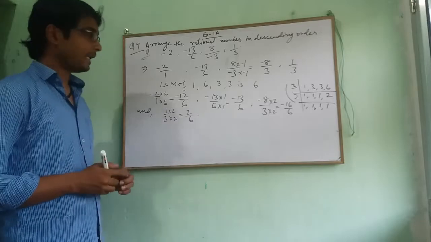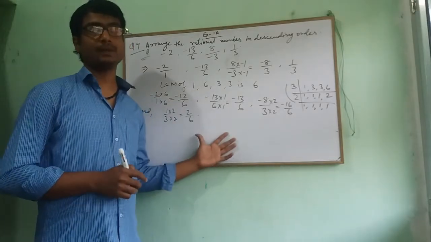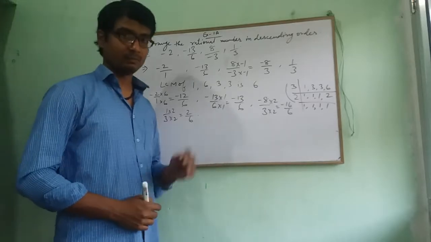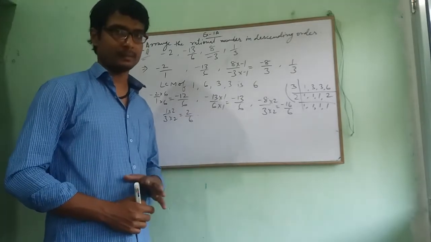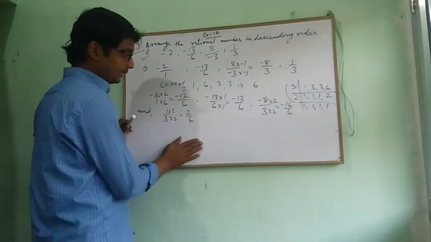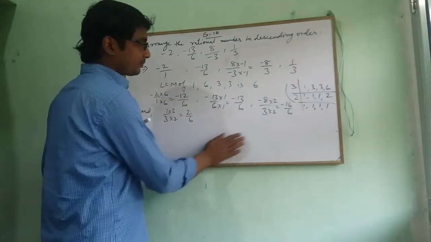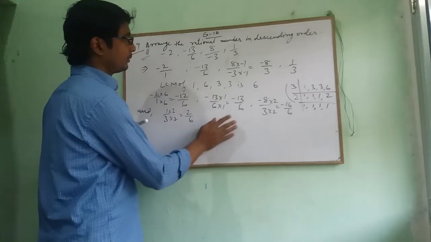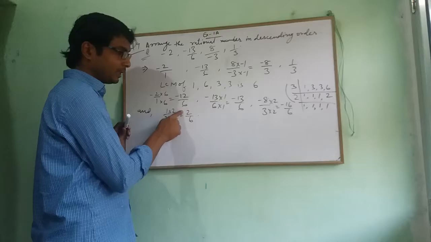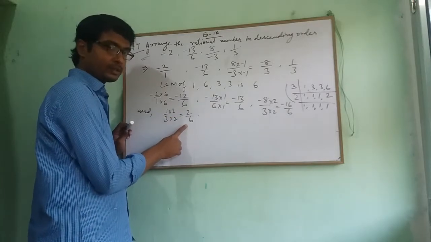Now, as my denominators are equal, I will look at the numerators. The rational number with the greater numerator is the greater number, and I will arrange like that. Here you can see that 2 by 6, both the numerator and the denominator are positive.